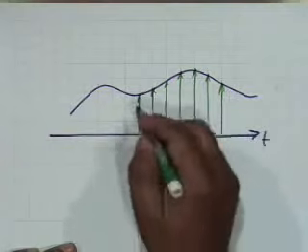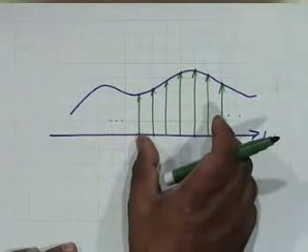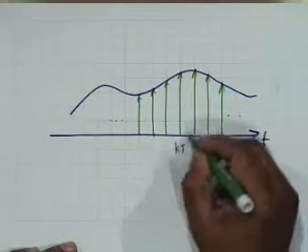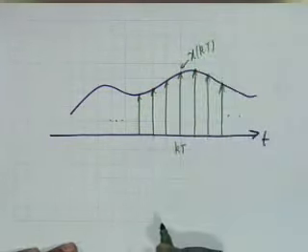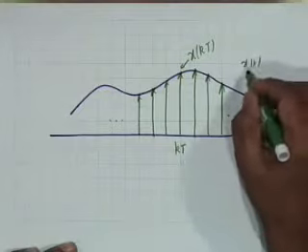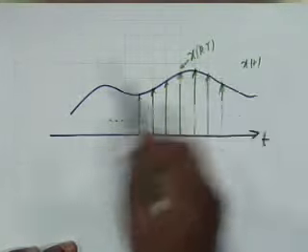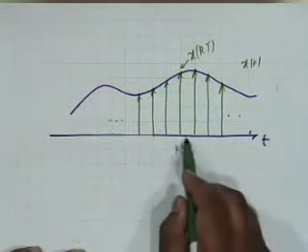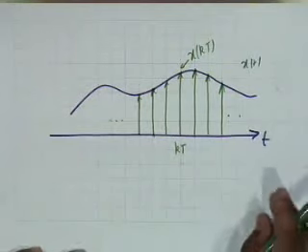And the result would be this chain of impulses whose strength at a particular point, if this point is kT, would be x of kT. That means the amplitude of x of t is reflected in the strength of the impulse. The position of the impulse is known. It's at regular intervals of time, capital T.